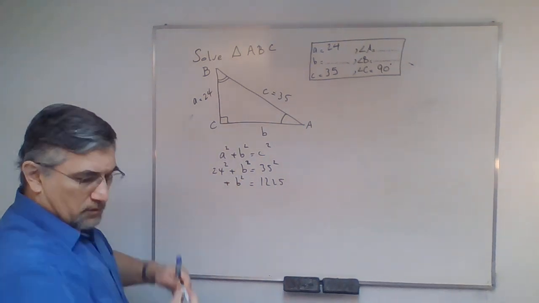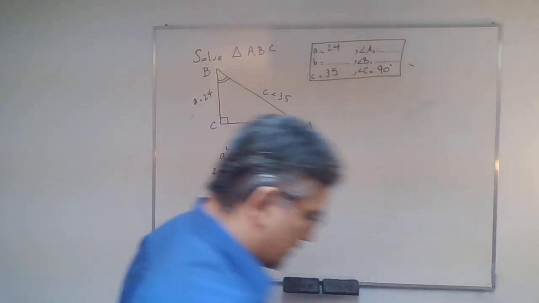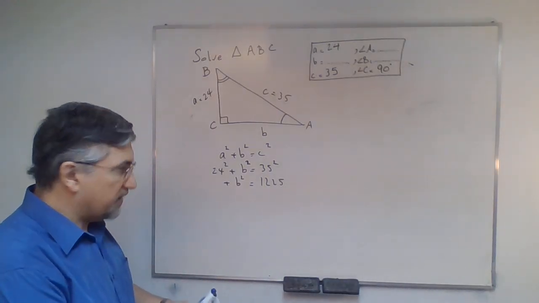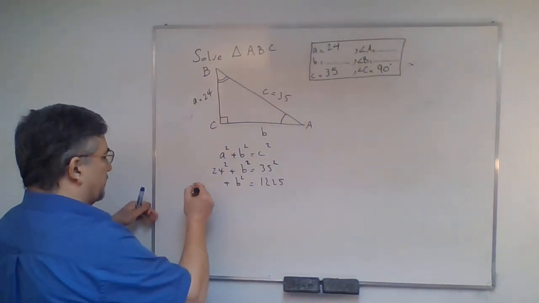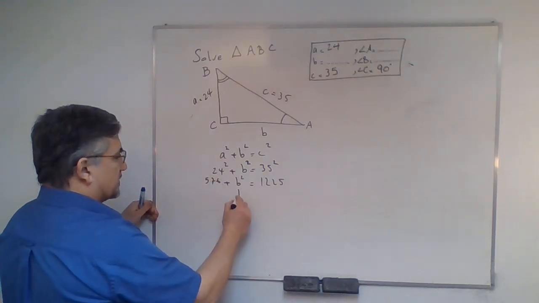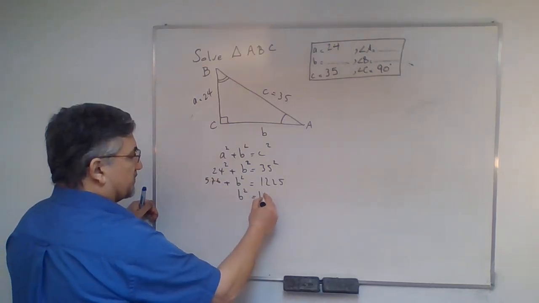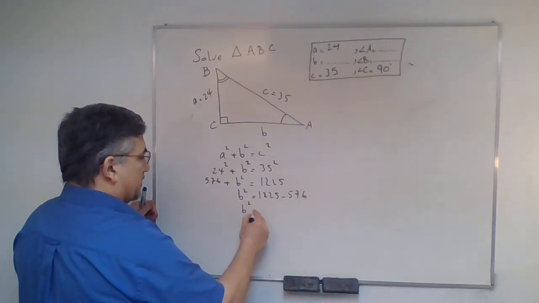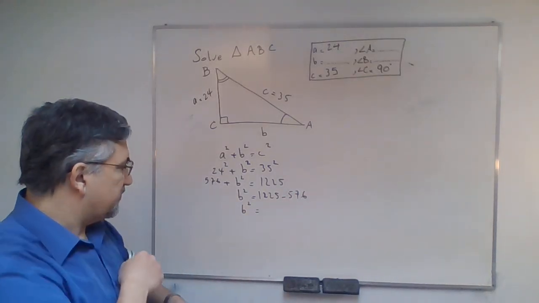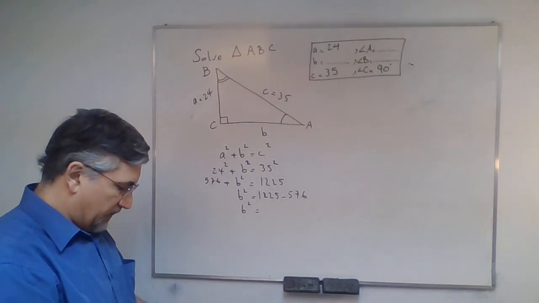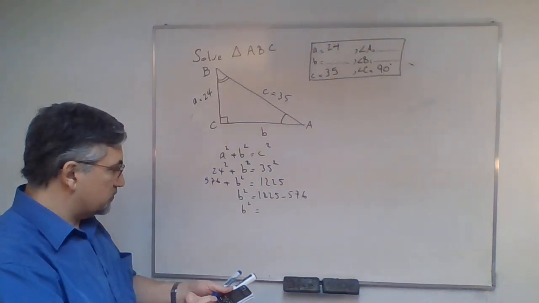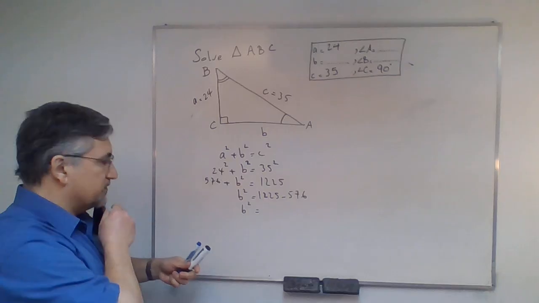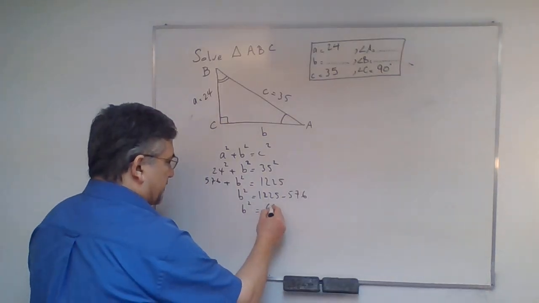24 squared, we can use a calculator to see how much that is. It is 576. We are going to subtract 576 from 1,225, and this way we can find the value of b squared. 1225 minus 576, 649 is the answer.